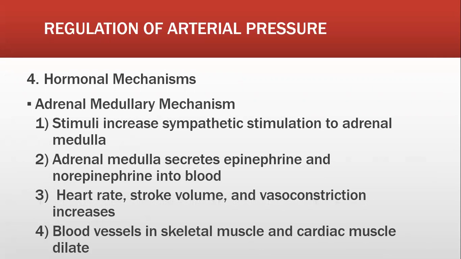The arterial blood pressure can be regulated through the adrenal medullary mechanism. So stimuli increase sympathetic stimulation to the adrenal medulla, which secretes epinephrine and norepinephrine into the blood. So it increases the heart rate, stroke volume, and causes vasoconstriction. And in the skeletal and cardiac muscle, it causes the blood vessels to dilate.